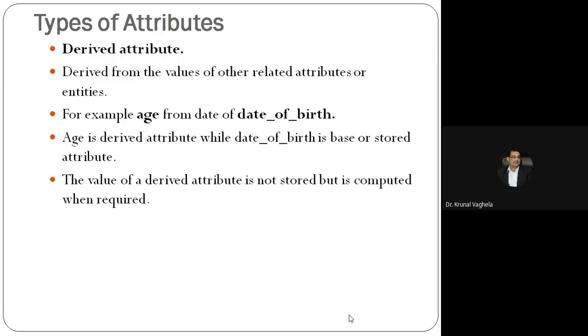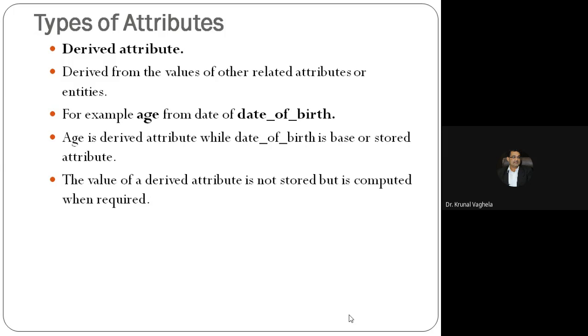Derived attribute. The derived attribute is the attribute which you need to calculate from some existing attribute. For example, age. If I give you my date of birth, can you calculate my age? Yes. If I give my joining date at Marwar University, can you calculate my length of service over here?